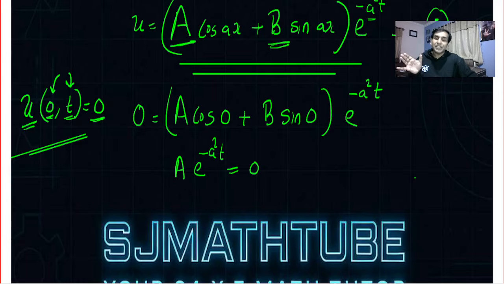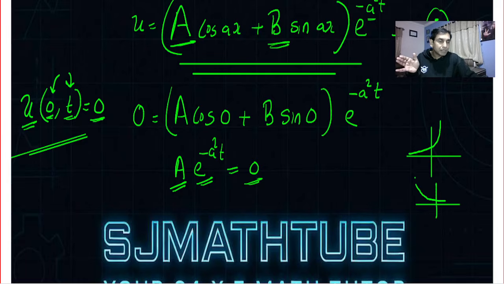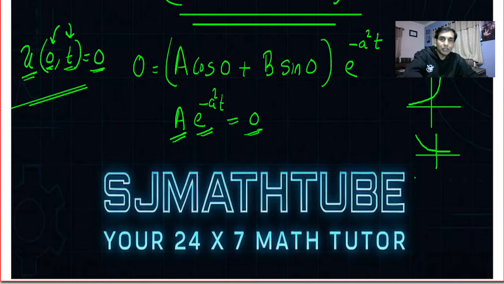If someone tells you A multiplied by B equal to 0, one of them has to be 0. But do you know the exponential function can never ever become 0? Let it be e power minus something or e power plus something, it can never ever be 0 unless it is shifted. So this is not possible. So A equal to 0.